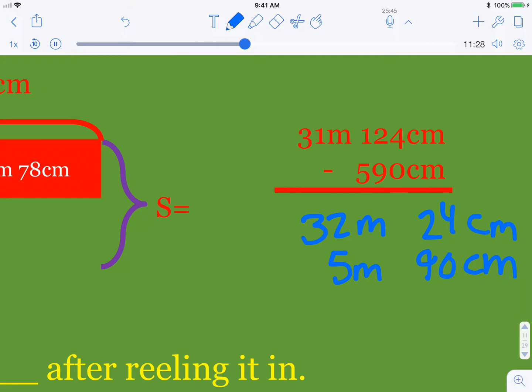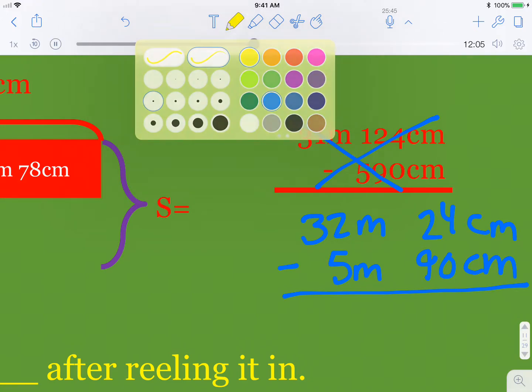32 meters, 24 centimeters, minus 5 meters, 90 centimeters. So in the end, I'm probably going to end up borrowing a meter back. So I have 24 minus 90. I can't do that.